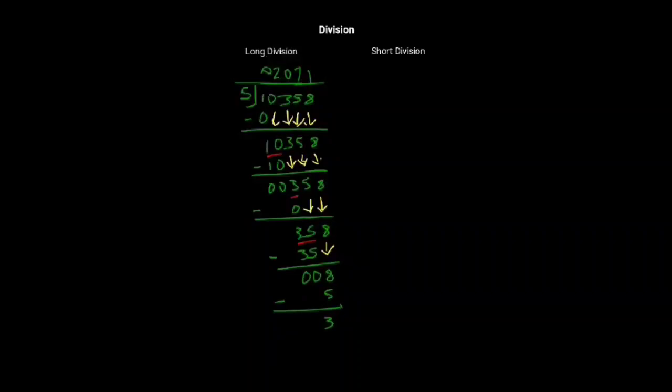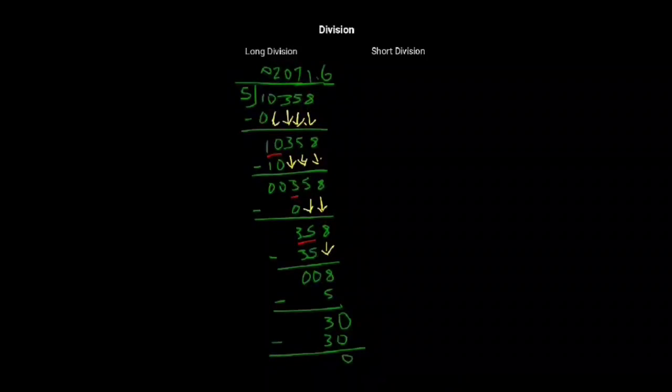Now we can finish at this stage, or we can continue, in which we add a 0. So we're going to add a 0, and when we add a 0, we add a decimal point on top as well. So we now have 5 into 30, which is 6, and 5 times 6 is 30, and then we subtract, and 0 from 0 is 0, and 3 from 3 is 0.